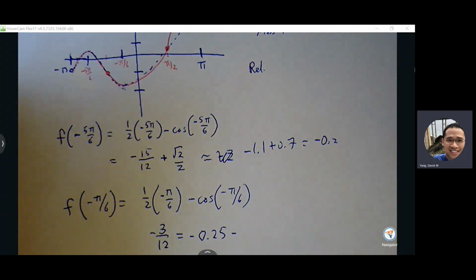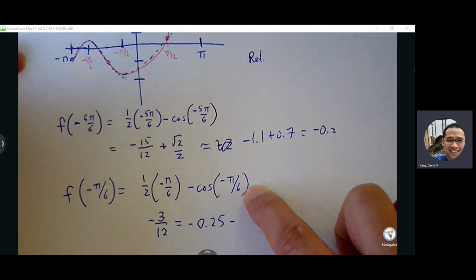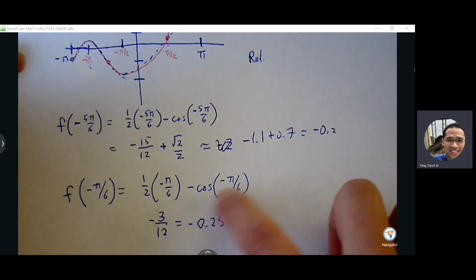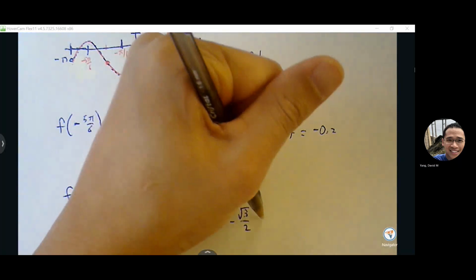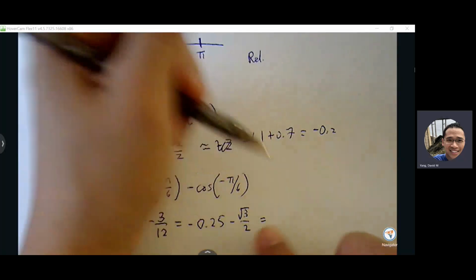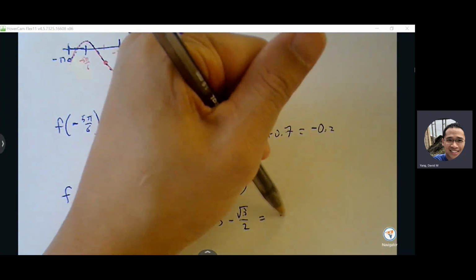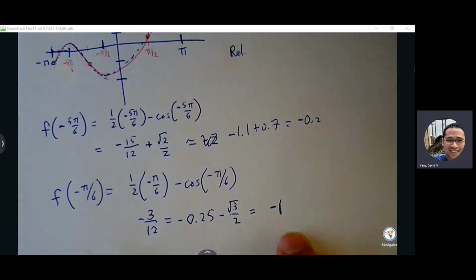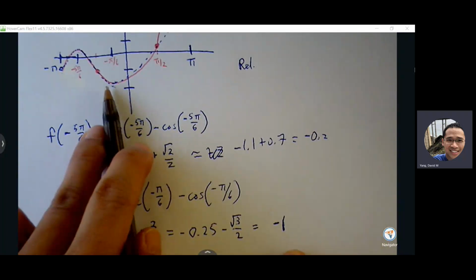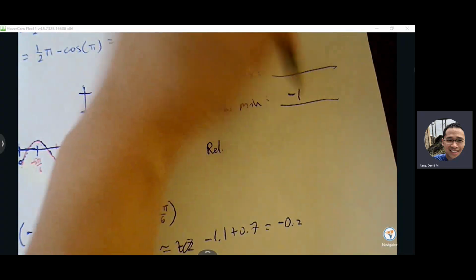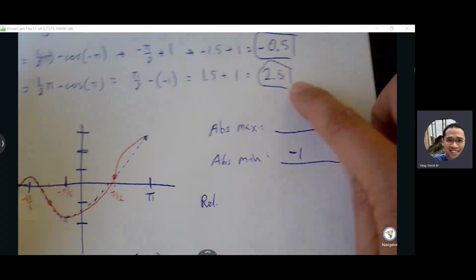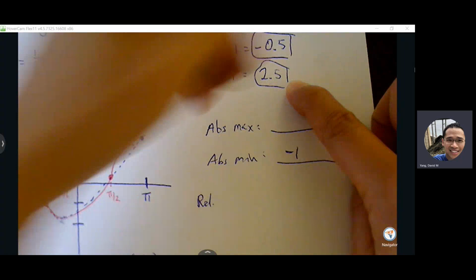And then cosine of negative pi over 6, cosine is positive in the fourth quadrant. That's the same thing as 11 pi over 6, it'll be root 3 over 2. So that's like negative 0.5 minus 0.7, so that's like negative 1. So we know that it's going to be an absolute minimum. So the absolute minimum is around negative 1, and the absolute maximum, we know it's going to be at this point here, at 2.5.